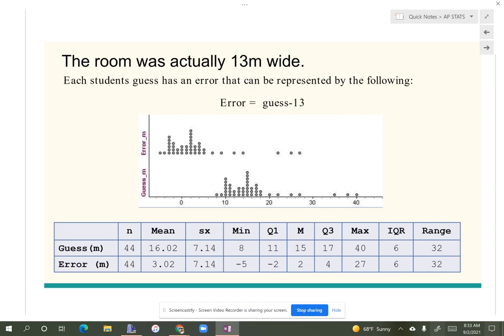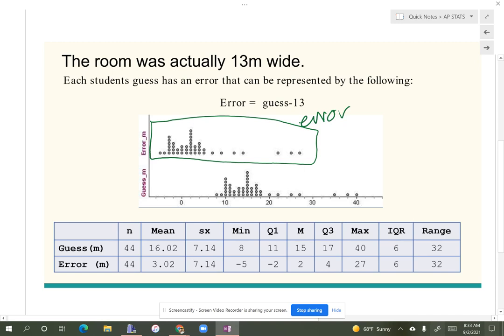So what we're going to do is distribute their error, which means we take all of their guesses and subtract 13 from them. What I want you to notice is this top one is the error graph, and the bottom one was their guesses. The shape stays the same.